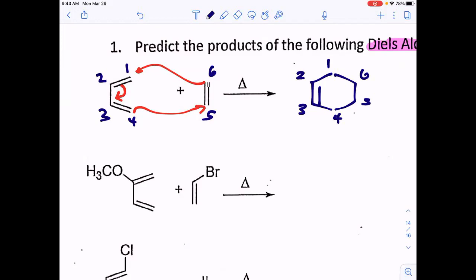What do you think? Let's number it. So that's 1, 2, 3, 4, 5, 6. Don't worry about the bromine. Don't worry about the methoxy group.